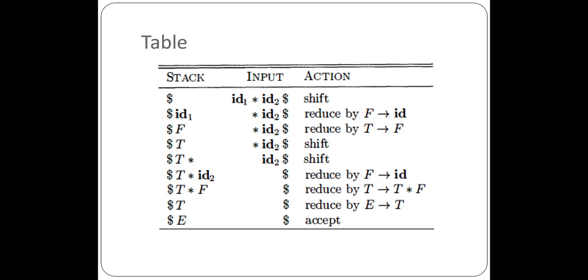And finally the T will be converted into capital E. But while applying these productions, you have to concentrate on things like, for example, in the third row we are converting the F to capital T, and then in the eighth row we are converting T asterisk F to capital T. So we have two conversion processes, which are converting F to T or T asterisk F to T. So we must know when to apply these productions at the appropriate places, or else which may result in confusion.